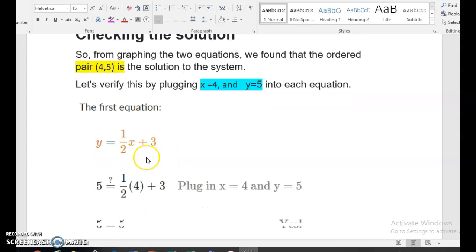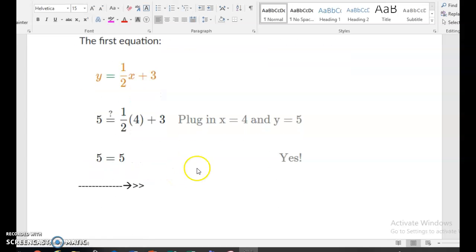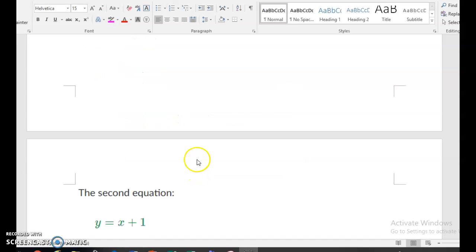Wherever you see x, you plug in 4, and y you plug in 5. Is it true? Half of 4 is 2. 2 plus 3 is 5. That's right. So it's correct. Nice. We're really smart.